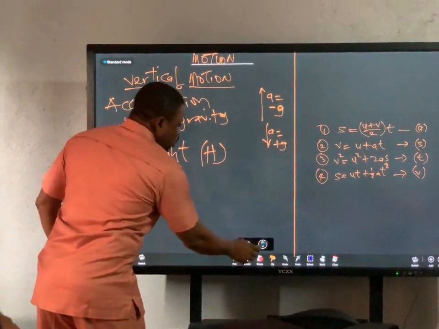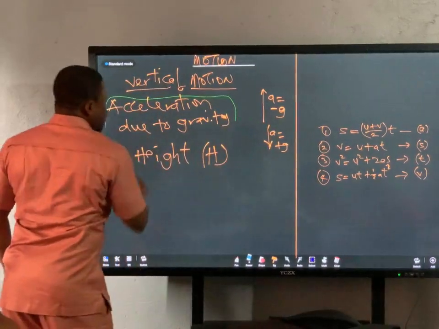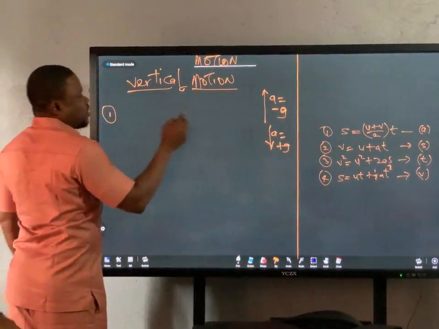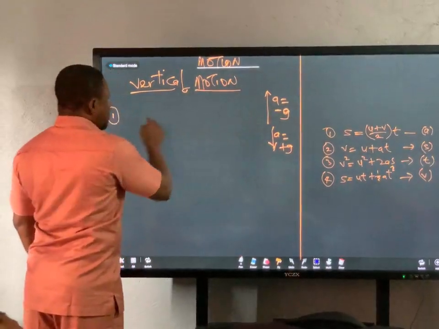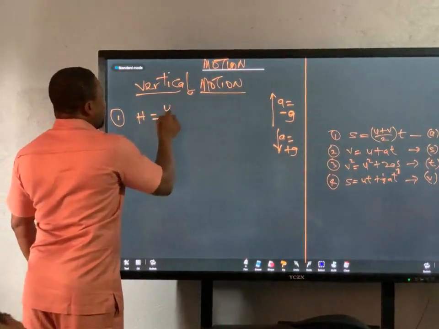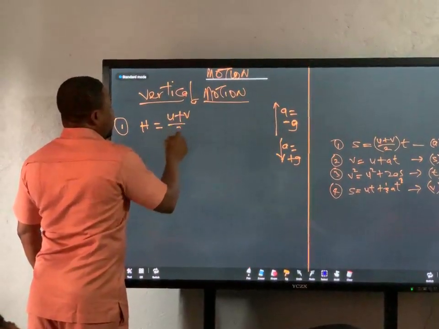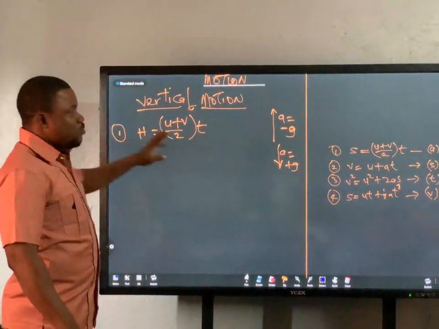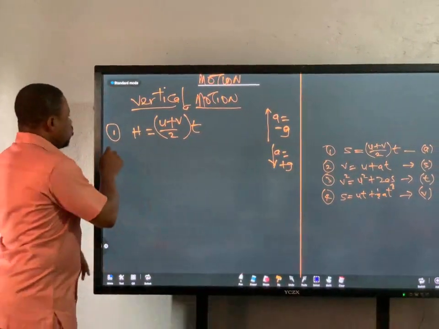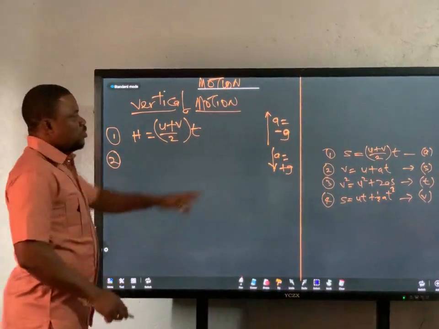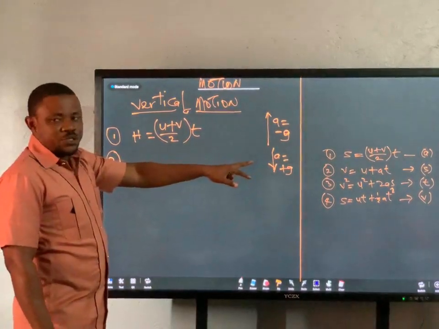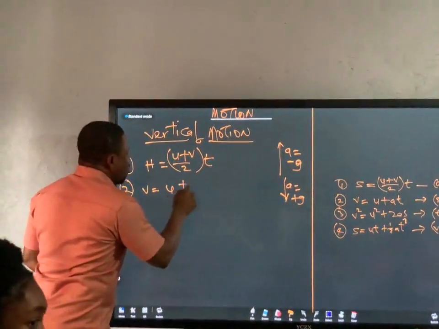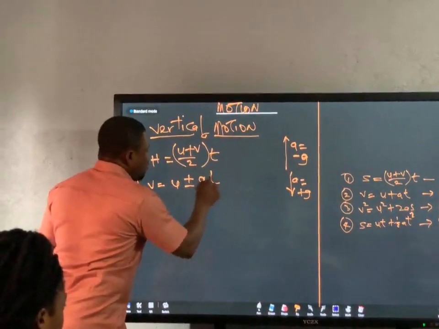So I'm going to put all this now into what we had for those ones. We said our first equation was S equal to U plus V over 2 times T. This one is vertical motion. Distance becomes height, so H is equal to U plus V over 2 times T. Then I don't have distance, but I have acceleration. So I have V is equal to U plus or minus GT.